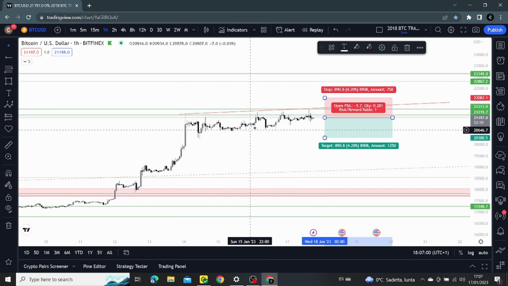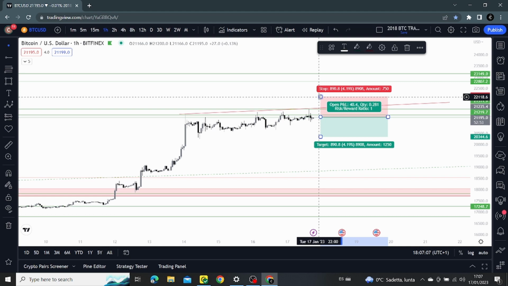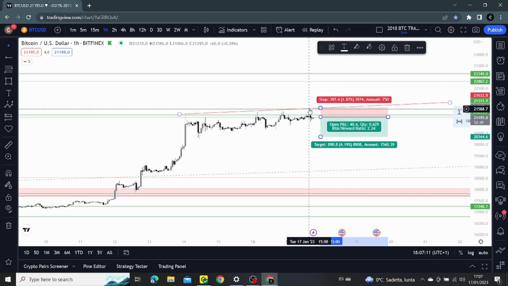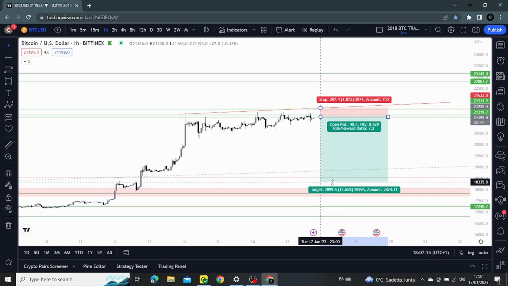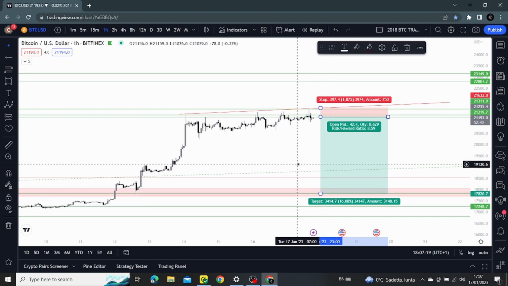Okay, this is a place of distribution. Entry point, stop loss higher than the previous week. Okay, it's a few pips. Take profits, we're gonna attack the 0.618.